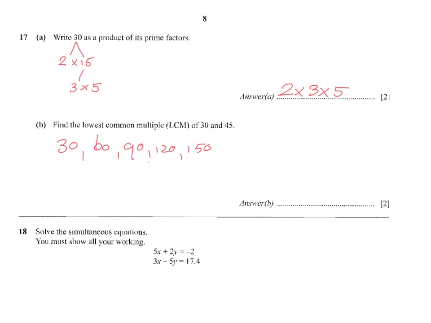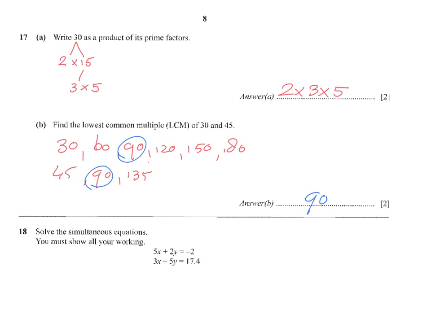So I'm writing the multiples of 30, 2 times 30, 3, 4, 5 times 30, perhaps another one, 6 times 30. And I'm going to do the same for 45. 45, 90, 135. And then I see, oh, hang on a minute, they already have one in common. You see, 90. So that is their lowest common multiple, 90.